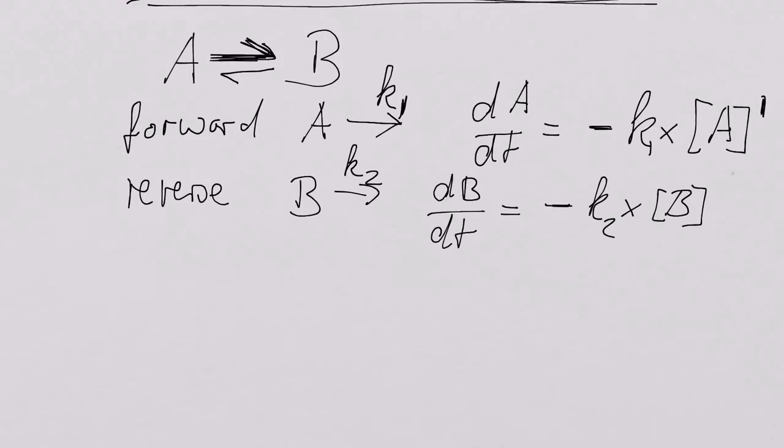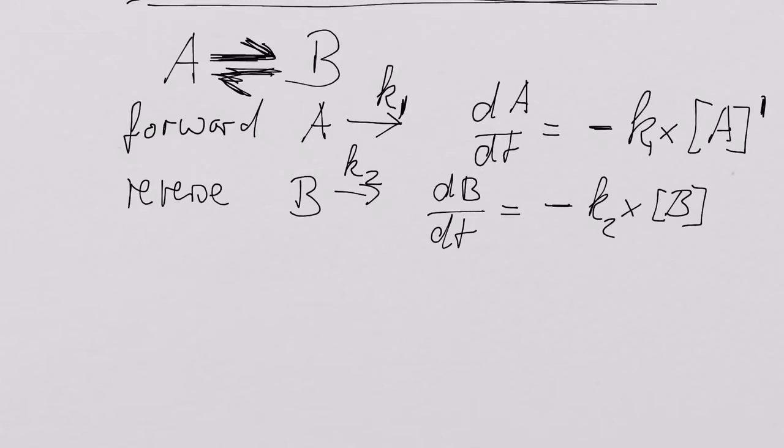Well, we would lose A, and we would produce more B. But then the B reaction would kick in. And B then, we had lots of B, and B would then go back to A. So maybe they are holding the balance up to a certain point.